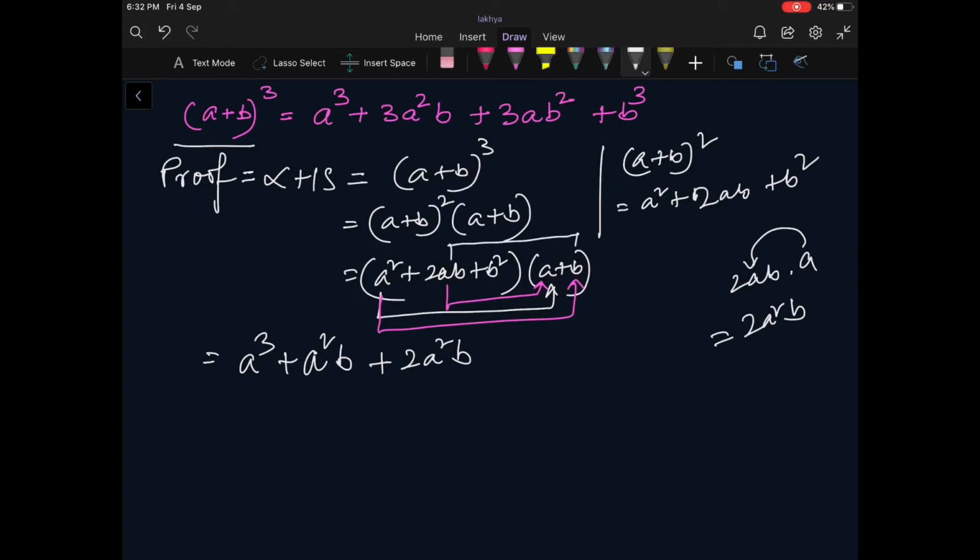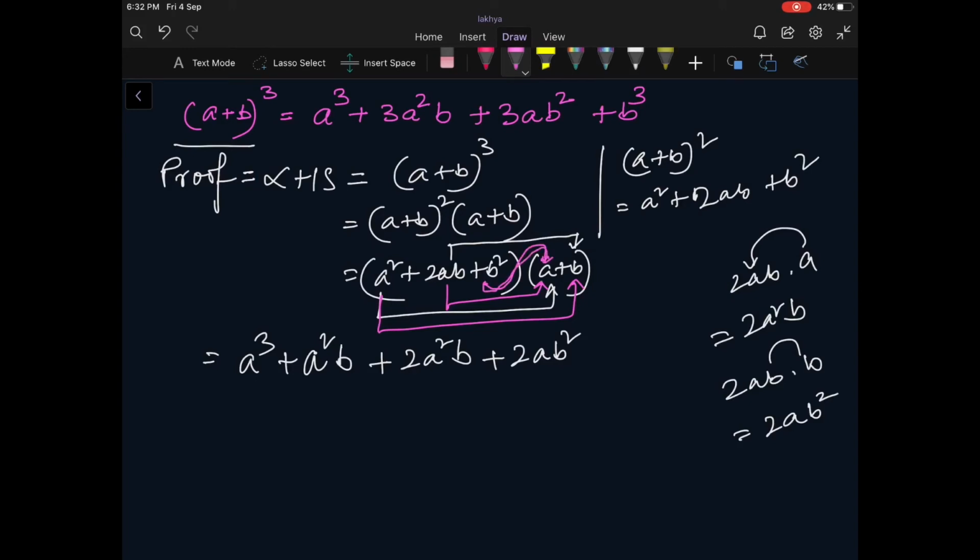Then again multiply this term with b now. If you multiply twice ab with b, then you will get twice ab square. So next term is twice ab square. Then we have to multiply this b square with a.